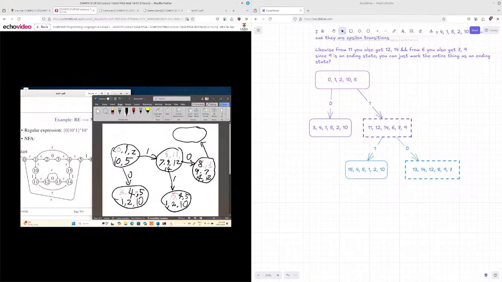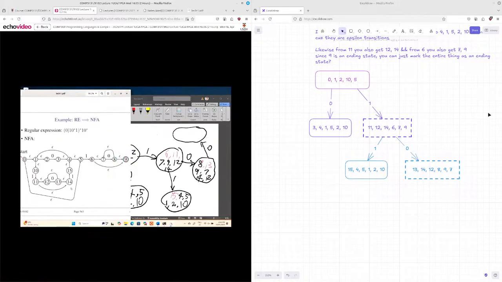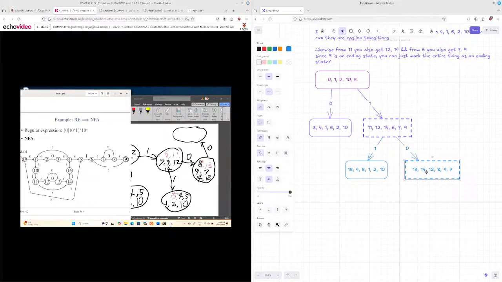It's the same story. This time we're looking at the states we can reach through input 0. Okay, if you want me to do it, I'll do it, but it seems like I'm just doing the same thing over and over again.